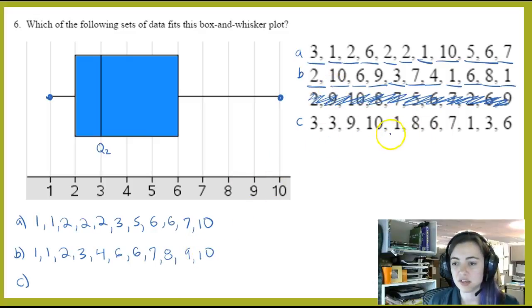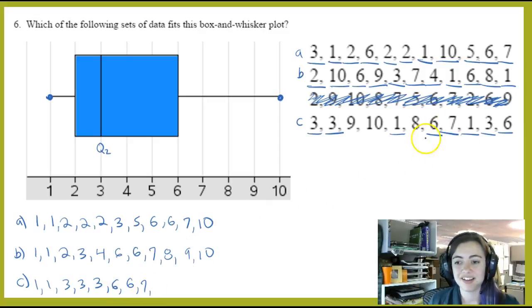And for C, 1, 1. No 2s, but I do see three 3s. No 4, 5. I guess 6 is next, so two 6s. We have a 7, 8, 9, 10.